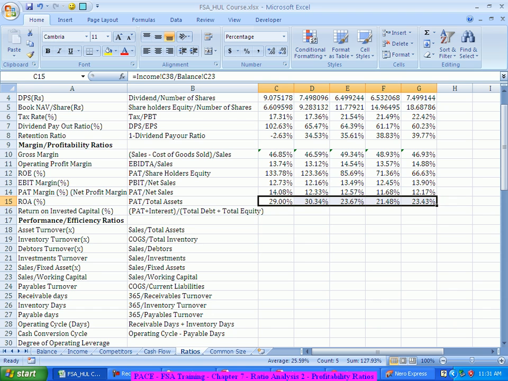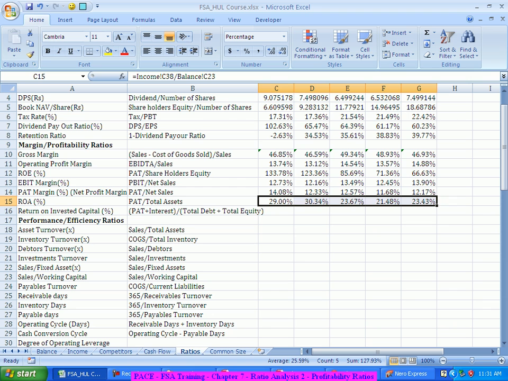So the ratio should be much higher to say that all your resources together are producing close to 23.43% profit. So resource utilization is much higher.